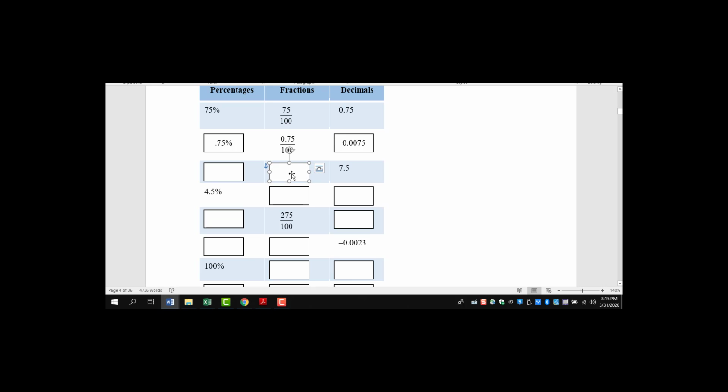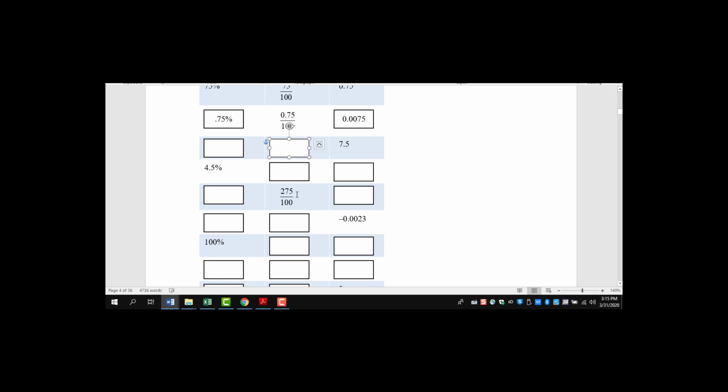Let's do a couple more. You have these in your book. Let's try this one. 7.5. Now 7.5 is 7.5 over 1. So to make it a percentage, you've got to have a number over 100.